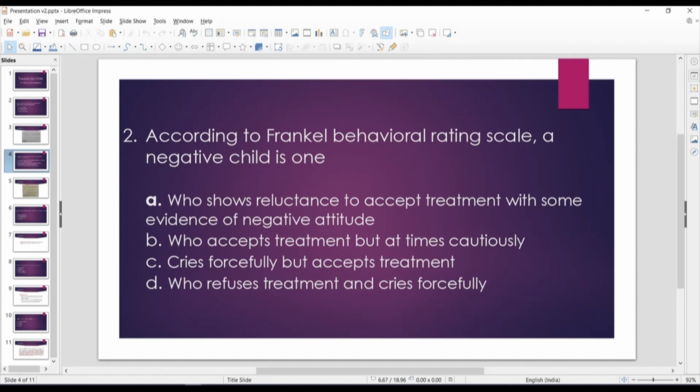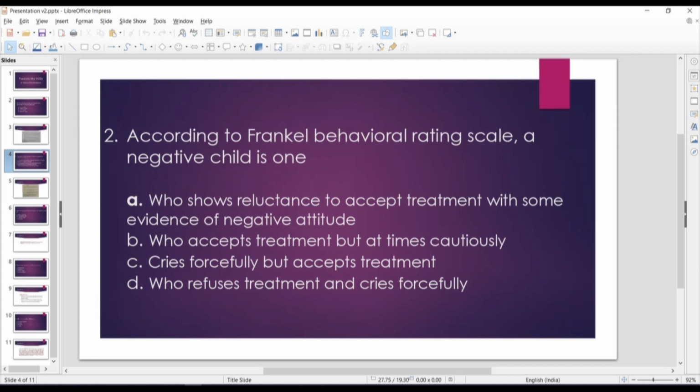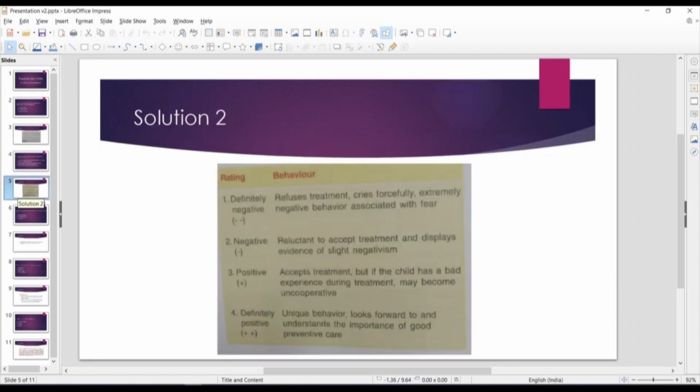A negative child is a child who is reluctant to accept the treatment and displays evidence of slight negativism. A positive child accepts the treatment but during treatment may become uncooperative. A definitely positive child shows good rapport with the dentist. So this is the rating scale which is given by Frankel.